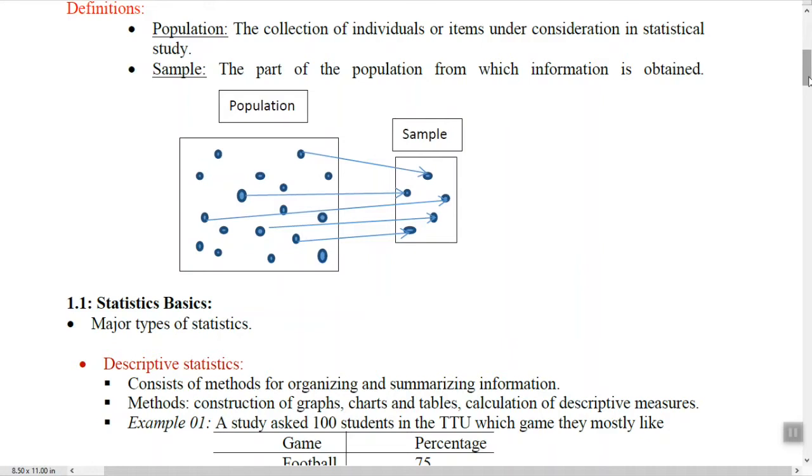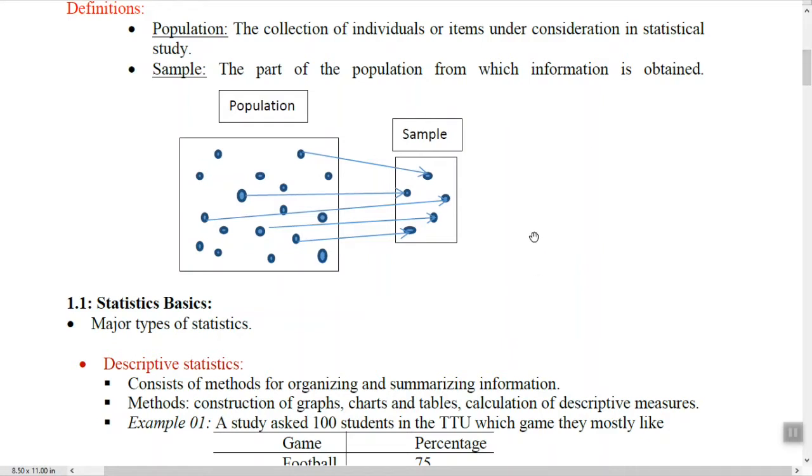TTU students include undergraduate and graduate students. From that population, I'm going to select graduate students only. So it is like a subset of the population. So simply, a sample is a subset of the population.